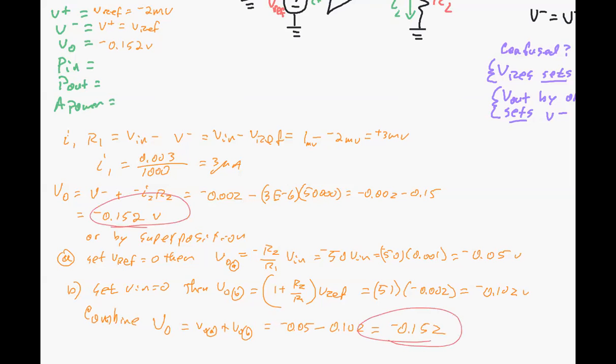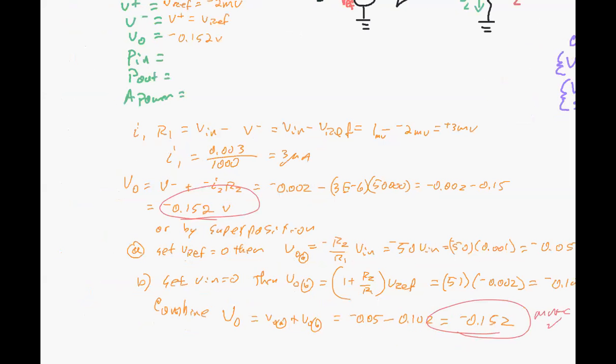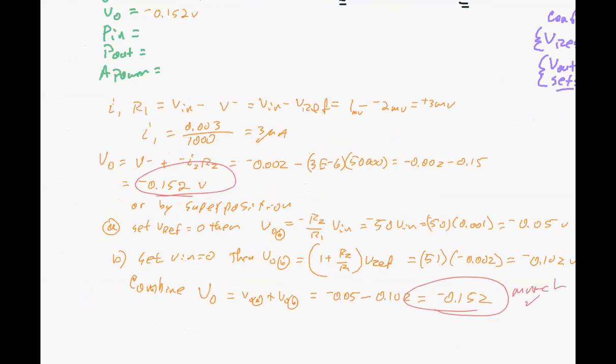So they match. Checked it was okay. So hopefully one of those two would convince you that's what it really should be.